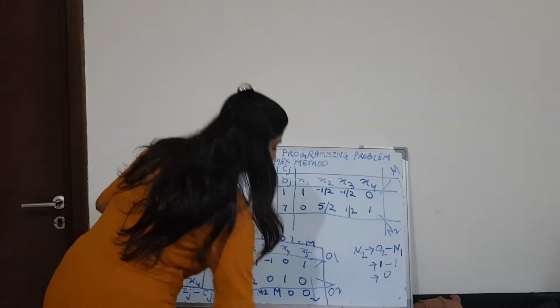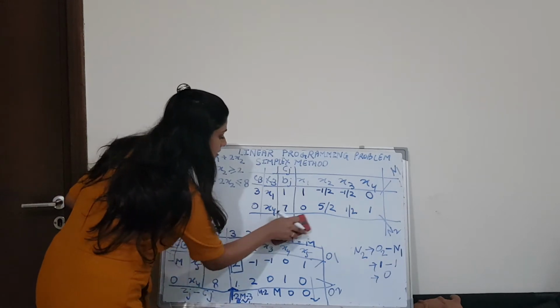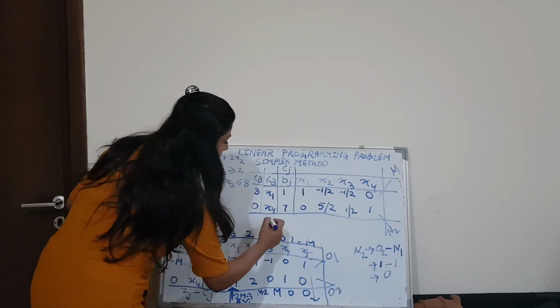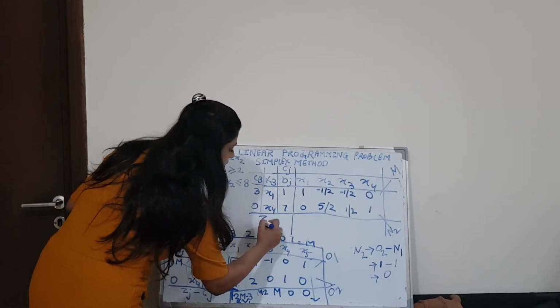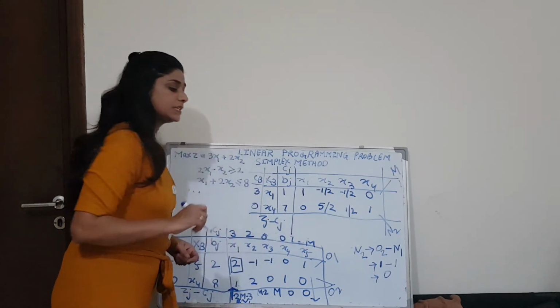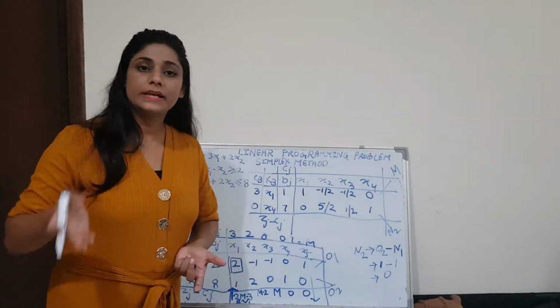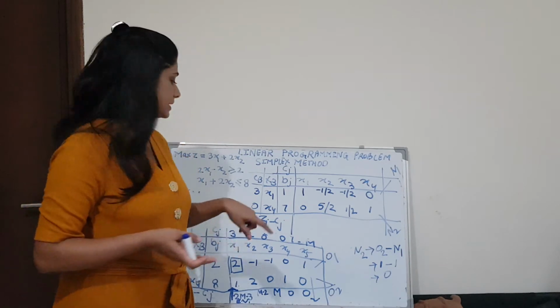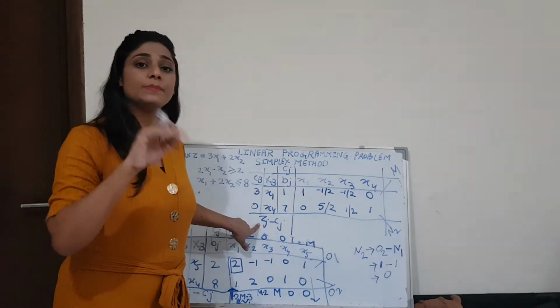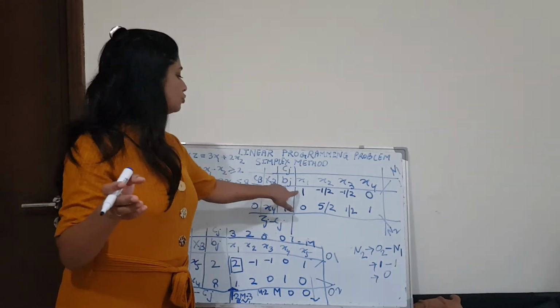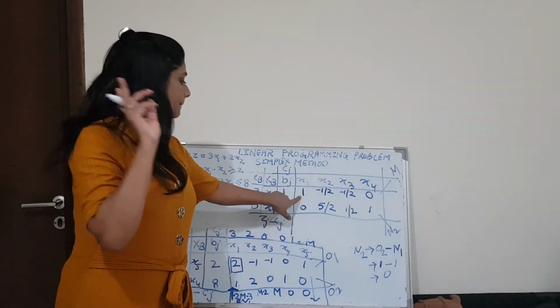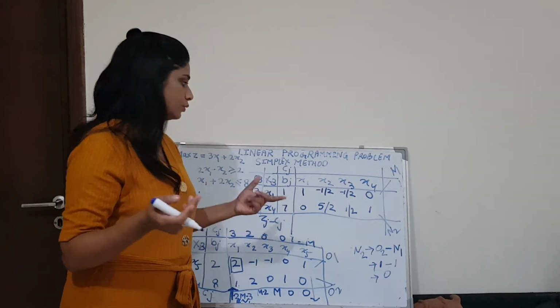Now we need to calculate Zj minus Cj. The process is the same to calculate Zj minus Cj. Zj we will calculate by Cb into Xj: 3 into 1 for the first column plus 0 into 0 is 0, so 3.